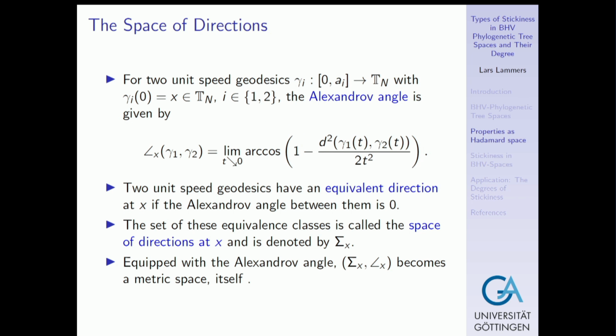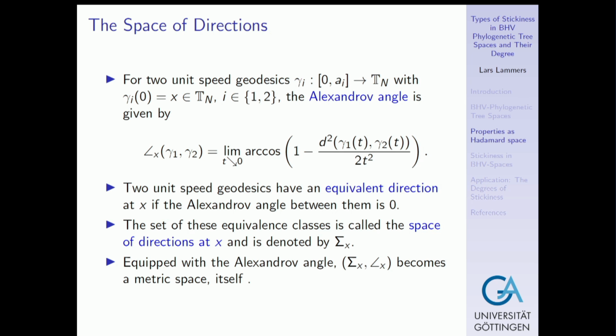We also don't have nice tangent spaces, vector spaces at each point, but we can still do something similar in these spaces. If you take two geodesics that start at the same point and plug them into the Euclidean law of cosines and then let t go to 0, you can compute in Hadamard spaces an angle between two geodesics. If two geodesics have an angle 0 between them, you can think of them as a direction, and this gives you equivalence classes of geodesics.